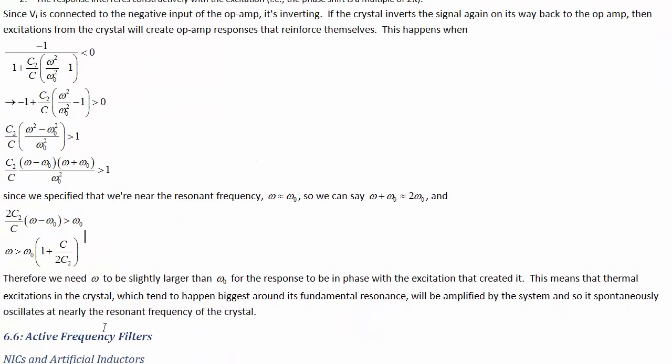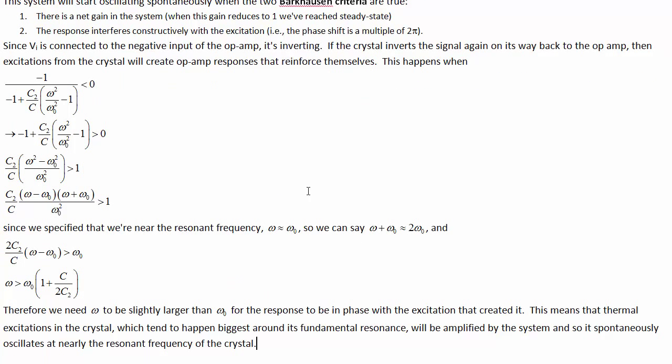Okay, so we need the frequency to be slightly larger than omega naught for the response to be in phase with the excitation that created it, which means that the thermal excitations in the crystal, which tend to happen biggest around fundamental resonance, are going to be amplified with the system, and so it spontaneously oscillates at nearly the resonant frequency of the crystal.